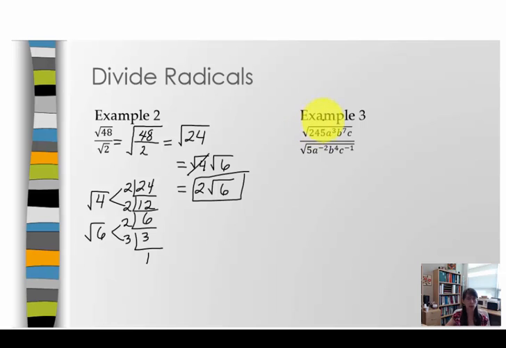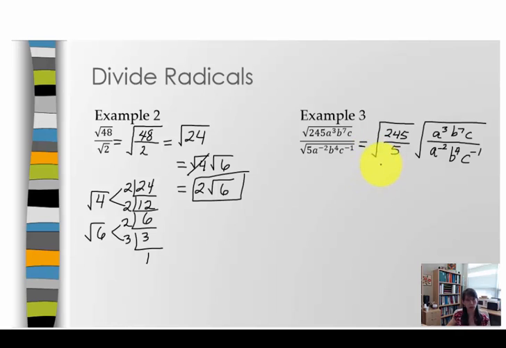In our last example, we have numerical bases and variable bases. So the first thing I'm going to do is break apart the variables from the numerical portion. That would give me 245 divided by 5 for one radical, and then the other radical will have all of our variables: a cubed, b to the 7th, c, divided by a to the minus 2, b to the 4th, c to the minus 1.